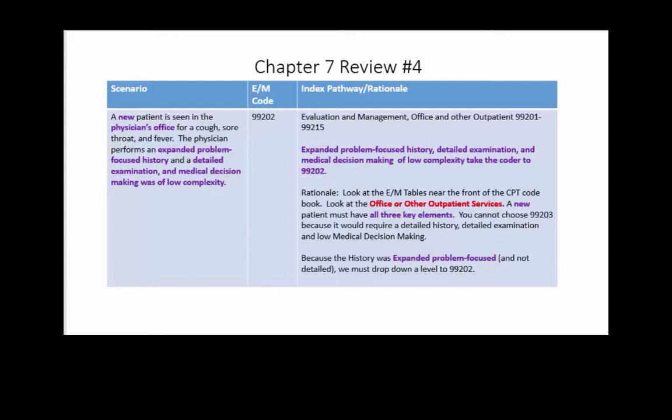I would look again at the E&M tables near the front of the CPT code book under office or other outpatient services for the new patient. Again, it needs all three elements. So we cannot choose 99203 because our history is not advanced enough. We would drop down a level to 99202.